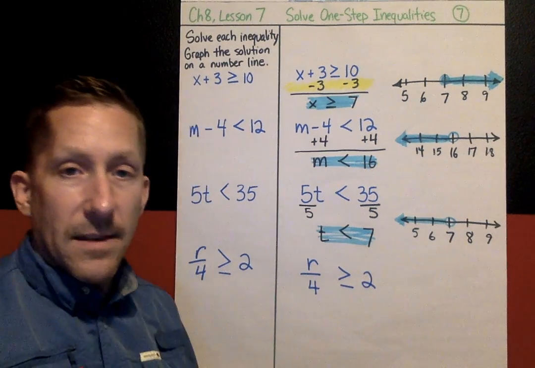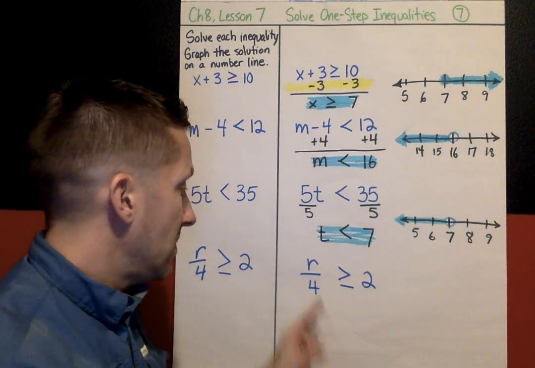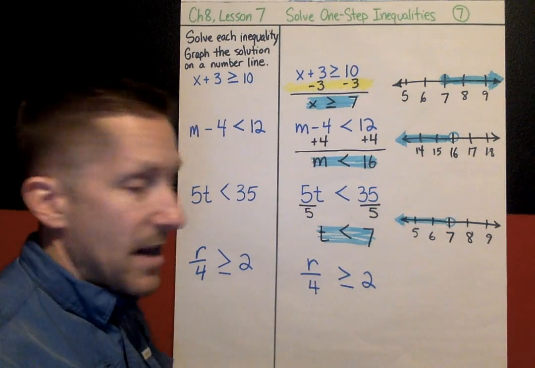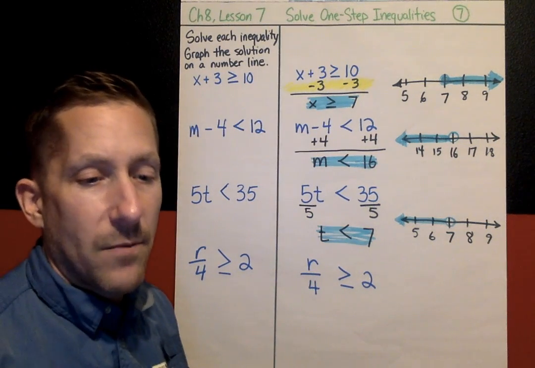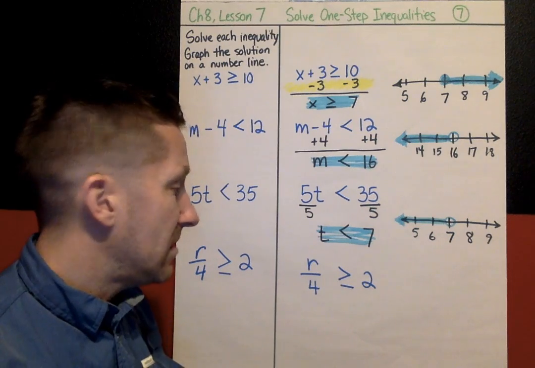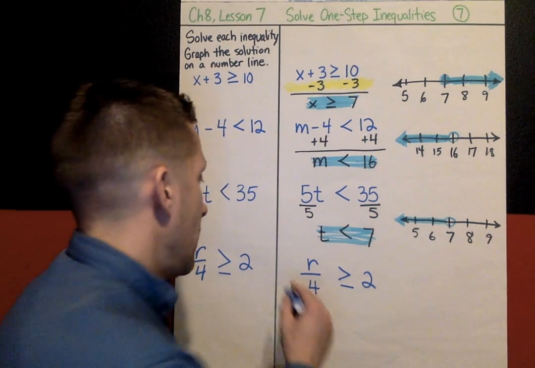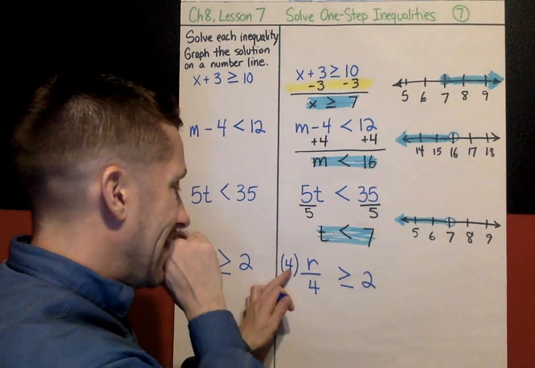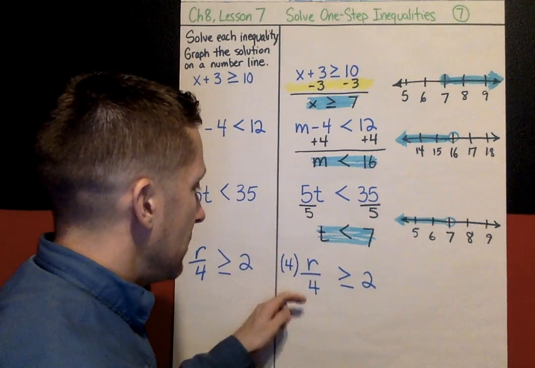So again, the process is find the variable. That's r. That means r is being divided by 4. So I think to myself, what is the inverse of dividing by 4? The answer is multiplying by 4. So I'm going to multiply this side by 4.